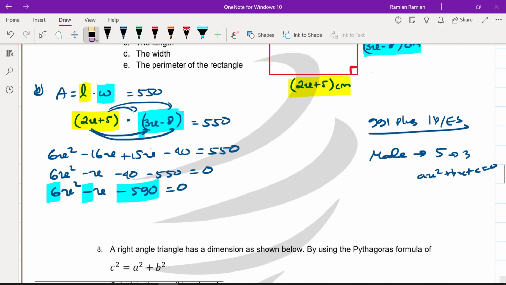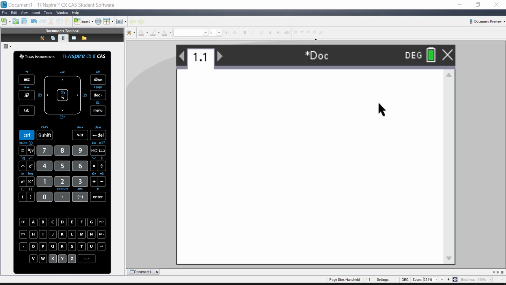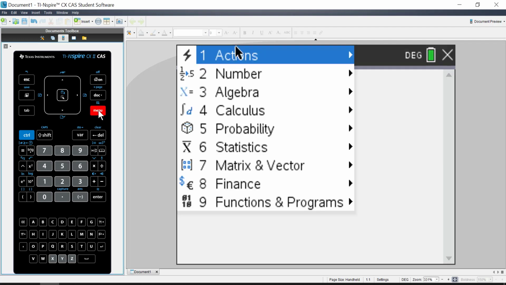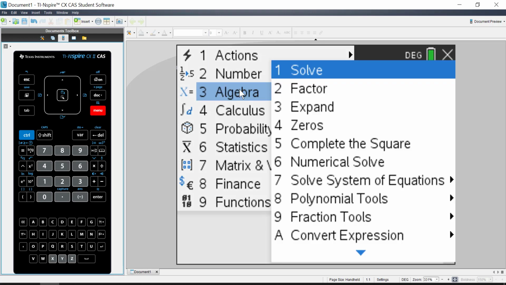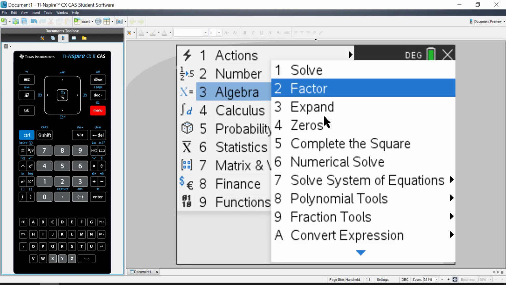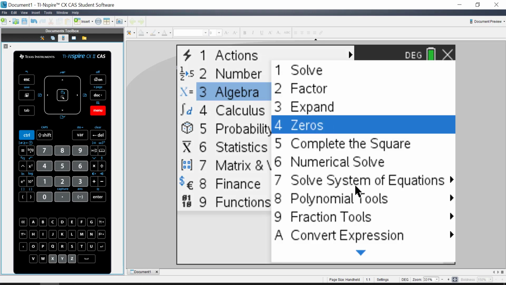Okay, I'm gonna use my calculator this time. Yours is different, mine is this one. So I'm gonna show you how to get the answer. You go to menu, and algebra, and then zeros or polynomial tools.